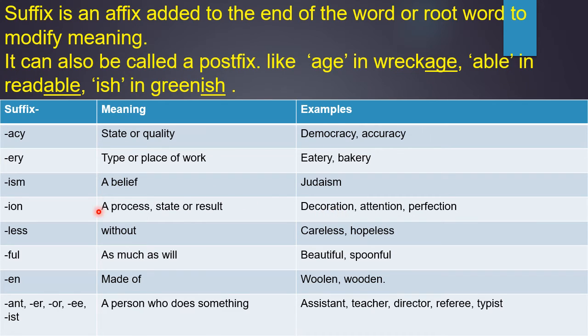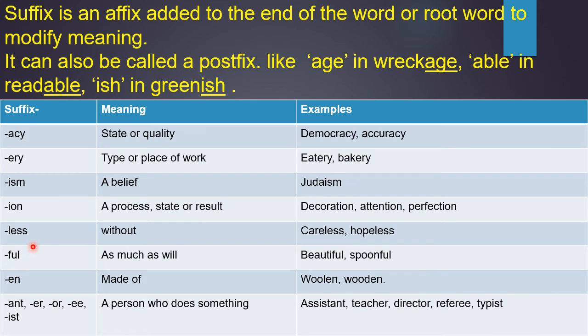That is a process of decorating. Attention, a state of paying attention. Take for example, when your auntie says, pay attention. Good. That means at that state, you have to listen. Now we have perfection. That is a result. When you do something very well, they say perfect. Then when you have ION attached to it, it's perfection that shows the result of what you've done.